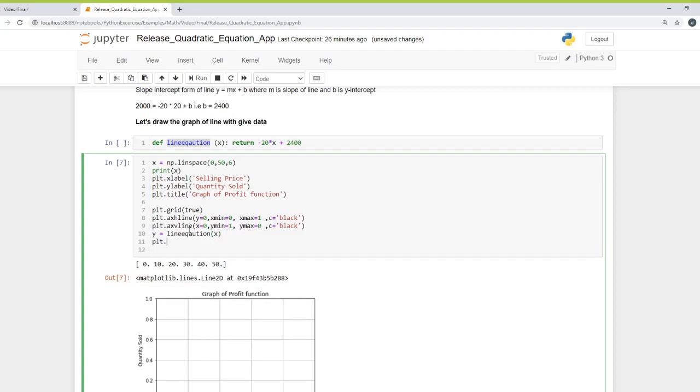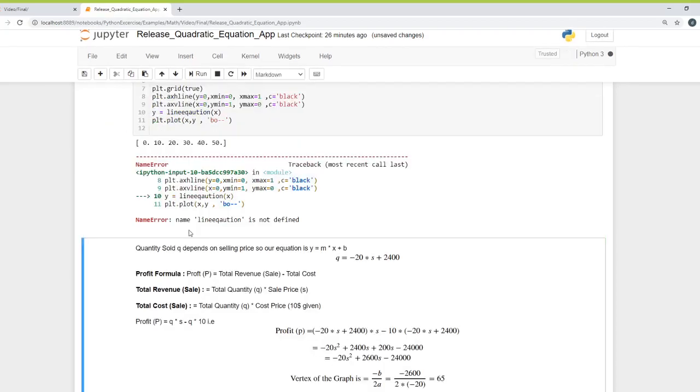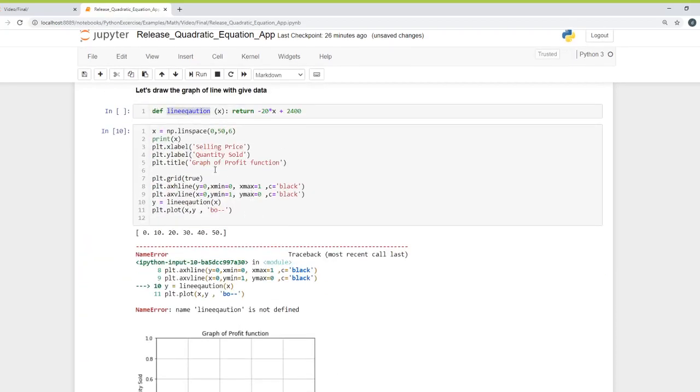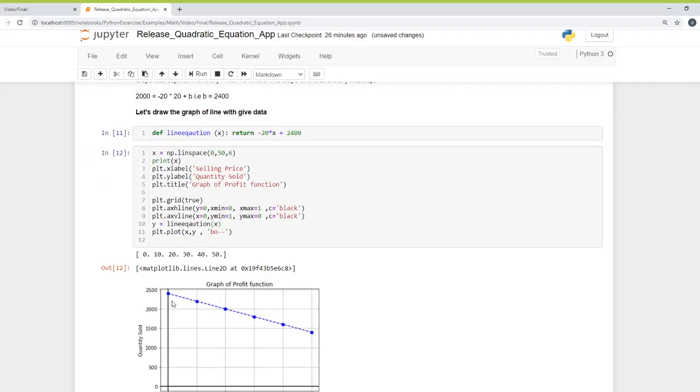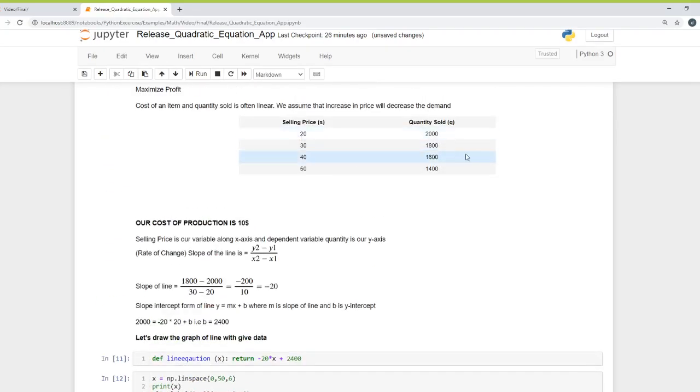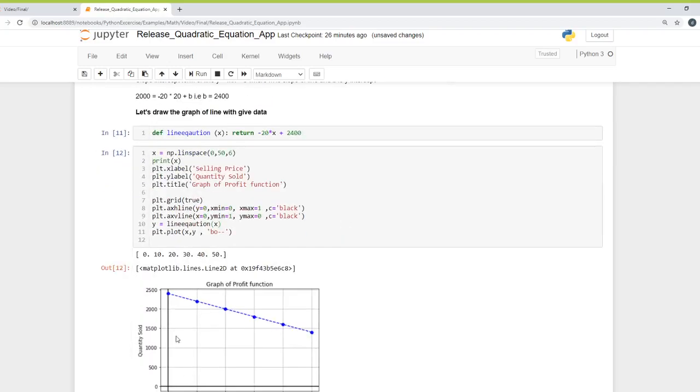Then we draw the plot: plt.plot x comma y, with marker points for data points 'bo', and the line equation. Shift enter. So this is our function for this selling price and quantity sold, and this is our line.